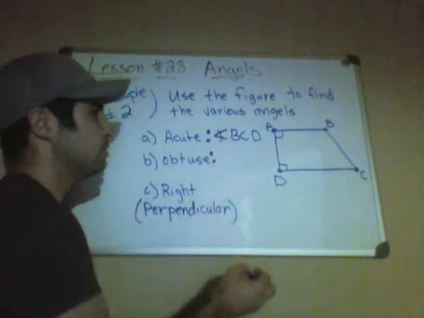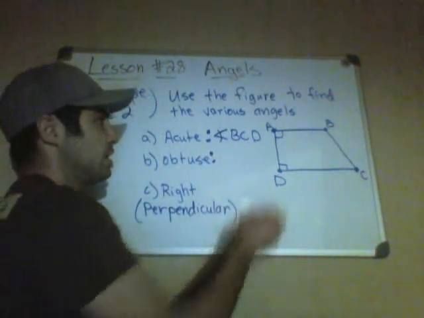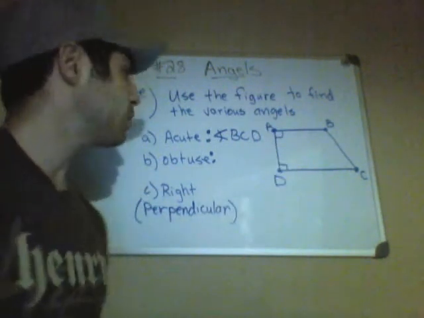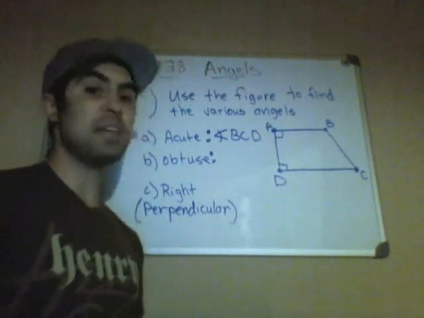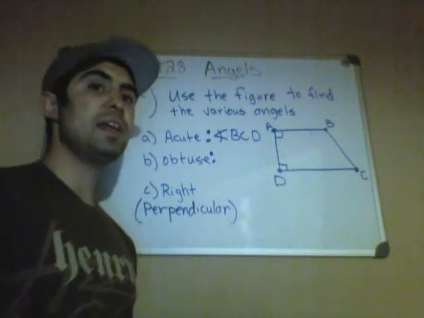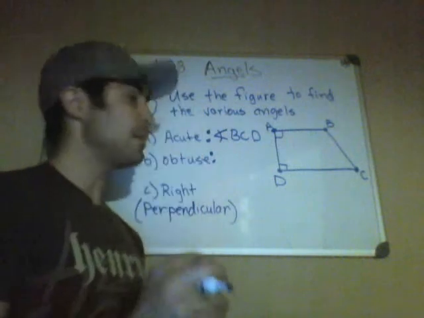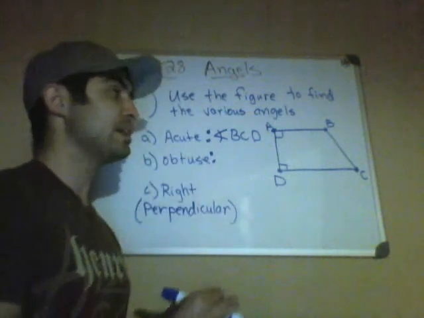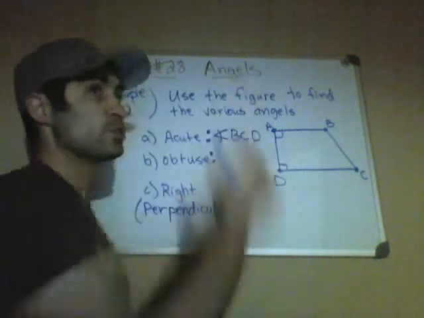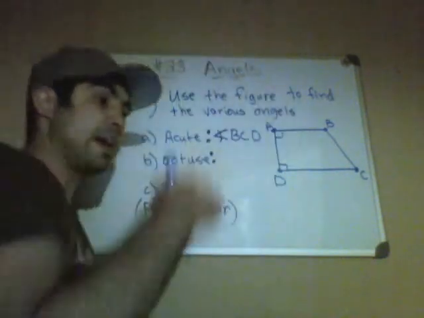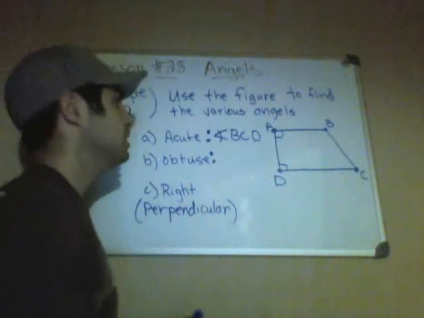The obtuse angle would be not this one right here and not this one right here, because those are perpendicular. Remember, an example of a perpendicular angle is an angle that is created from your floor and your wall. You definitely need a perpendicular angle in that situation because you want your wall going straight up. You don't want it falling over into the house or falling over outside of the house.